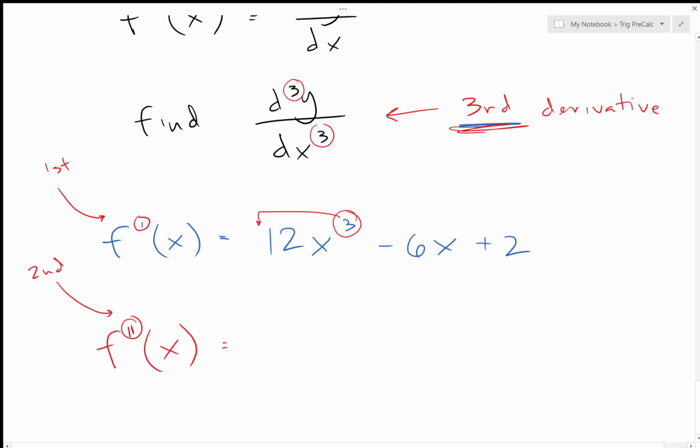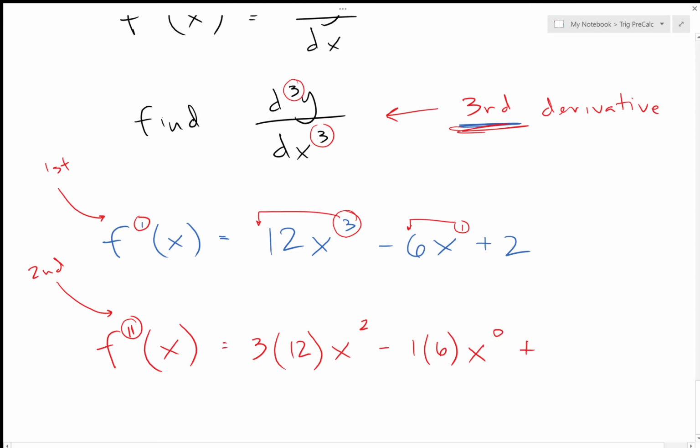Exponent comes down, so 3 times the 12, x to the power of, now it drops down to a 2. This one has an exponent 1. That's going to drop down, or negative 1 times 6, x to the, drops down by 1, 0.